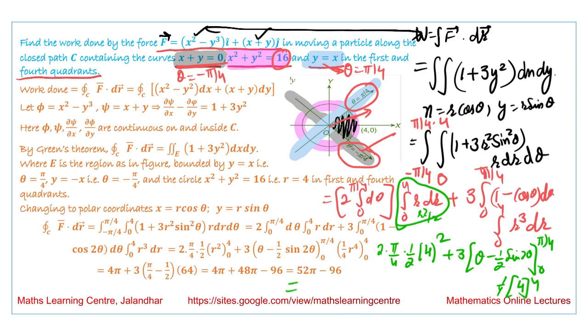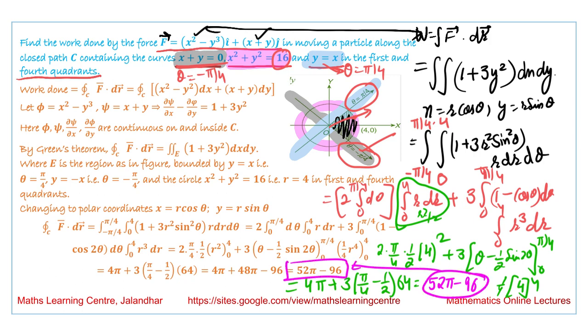So on solving this you will get 4 pi plus 3 into pi by 4 minus 1 by 2 into 64, and this value comes out to be equal to this. On solving this value we obtain the final answer is equal to 52 pi minus 96.